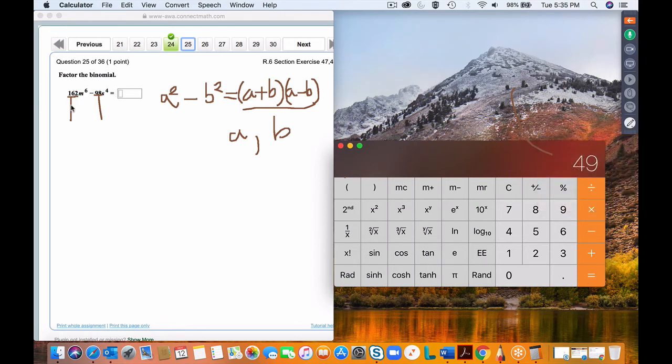Now the square root of these numbers is 9 and 7.